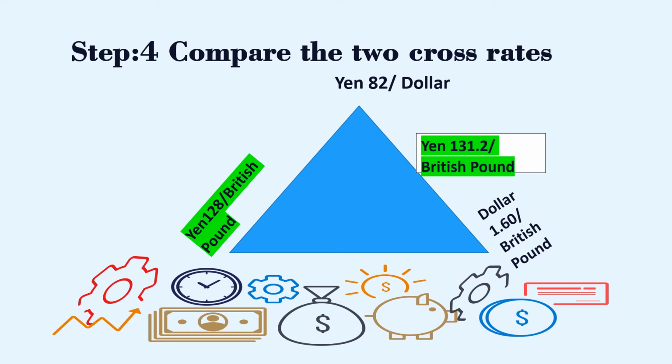One is the Bank C quotation, yen 128 per British pound, and another is yen 131.2 per British pound, which we get from Bank A and Bank B. We observe both quotations. The Bank C quotation is of lower value, so we prefer the Bank C quotation over the other.